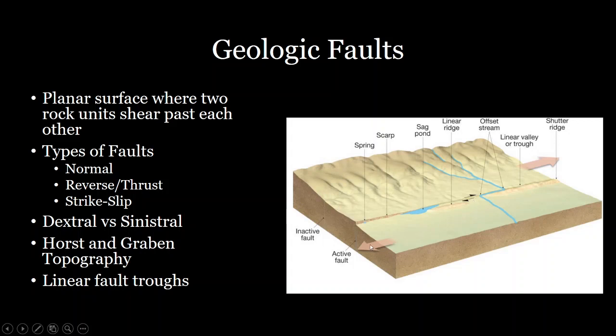If there's any vertical movement to that fault, you might get a scarp, which is just a vertical wall along that movement plane. And you can get an offset stream, such as this one, where you have the water coming in, that fault displacing it, and then it continuing in a different location.